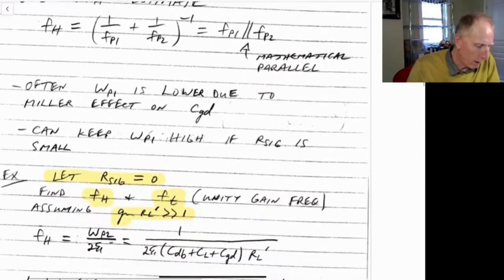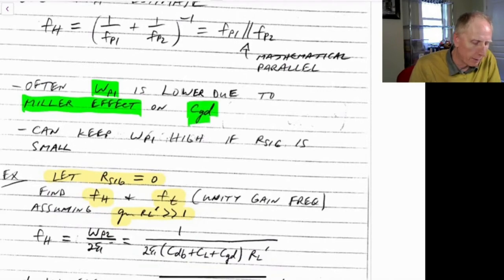So often you'll find that omega P1 can be lower due to the effect of the Miller effect on the gate to drain capacitance.